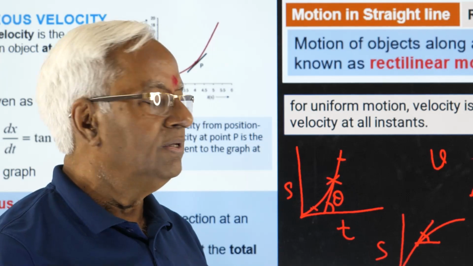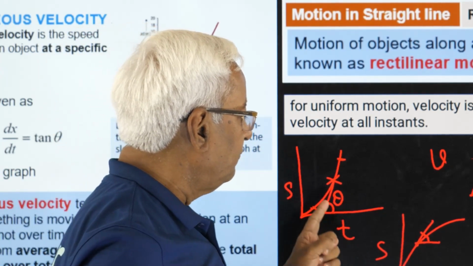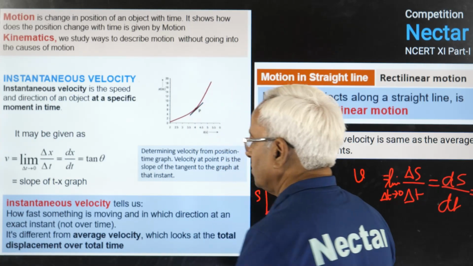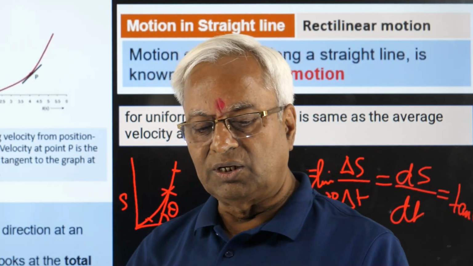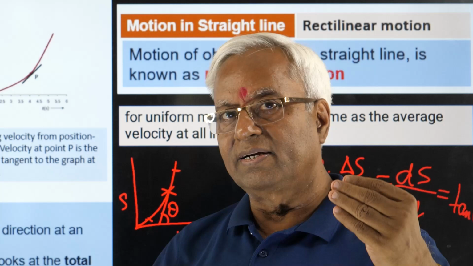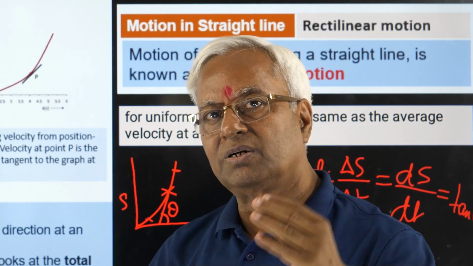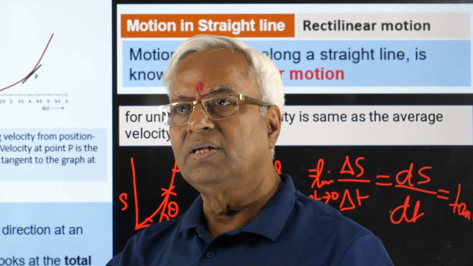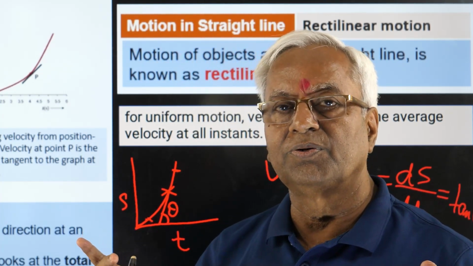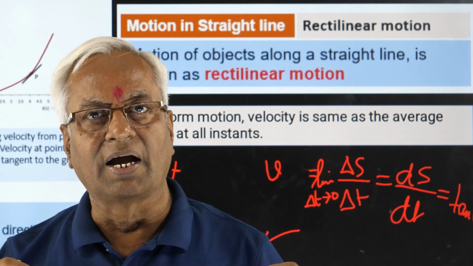You have to remember the slope of the t-s graph is equal to velocity. Instantaneous velocity will always give you the value of magnitude and direction both at a particular instant, whereas average velocity always gives you the value for a given time interval.